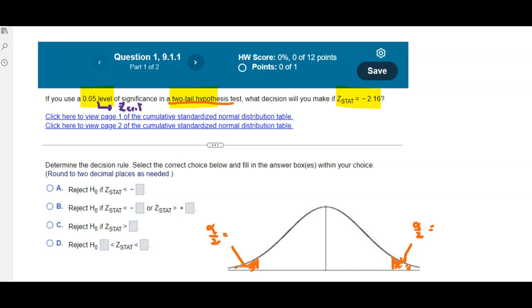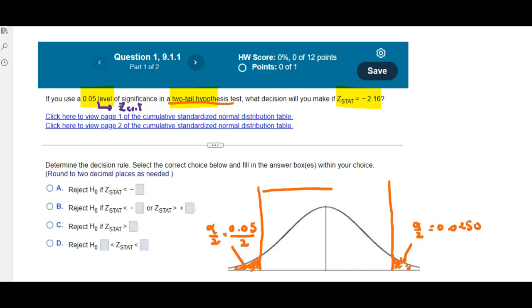So if alpha is 0.05, you take 0.05 divided by 2, and this is going to be 0.0250.